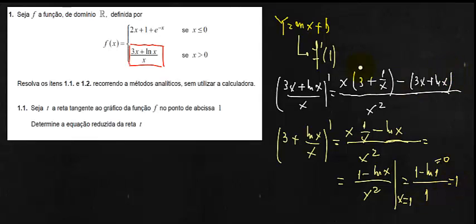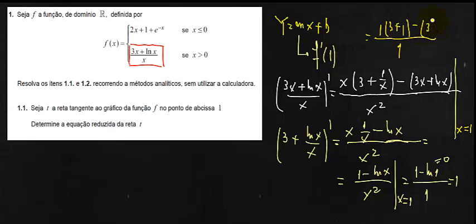Let us check if in this expression over here we get the same value. So for x equals 1, I would get at the denominator 1 squared, which is 1. So here it is 1 times 3 plus 1 minus 3 times x, which is 3, plus the logarithm of 1, which is 0.